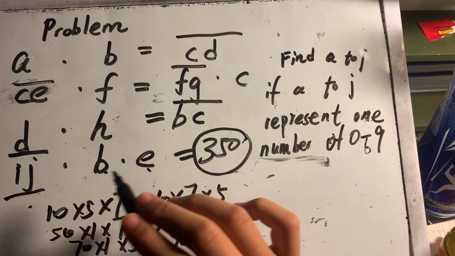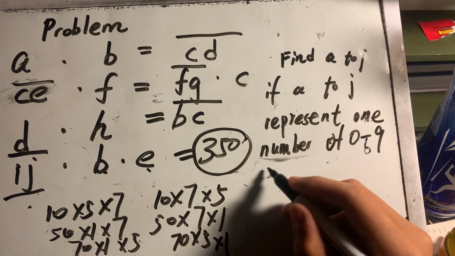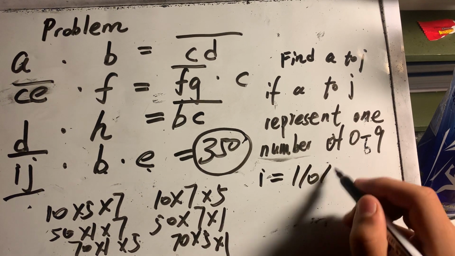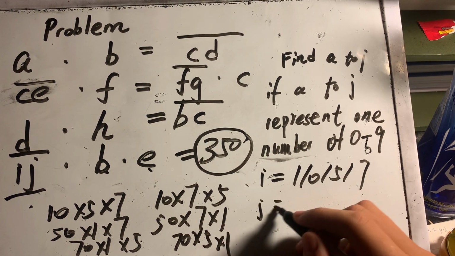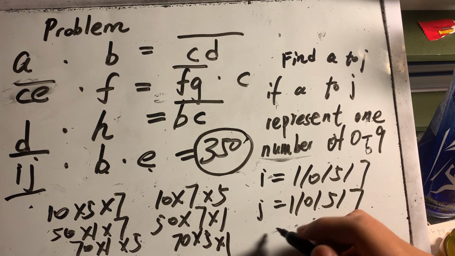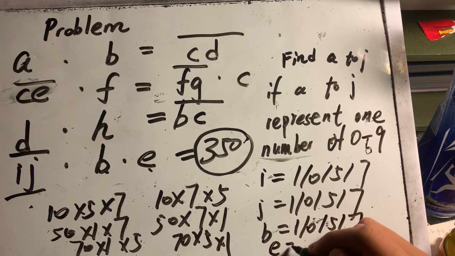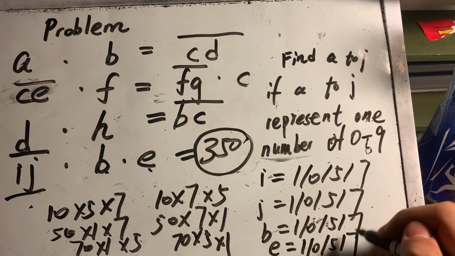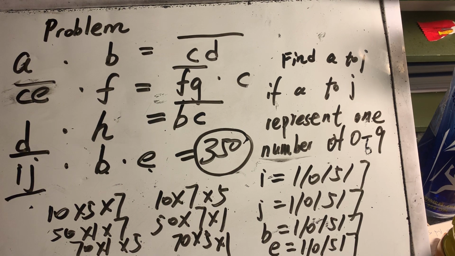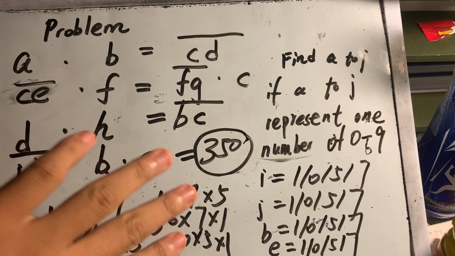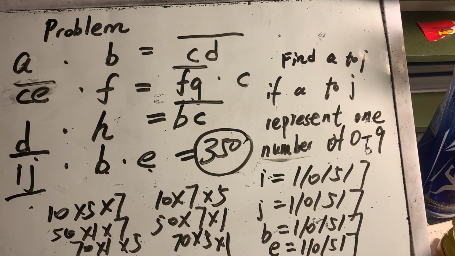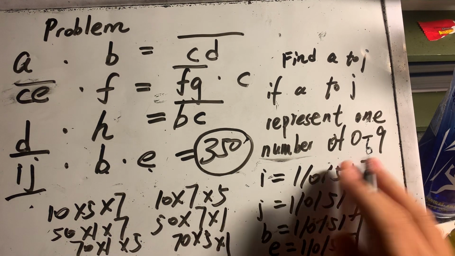So this means these 4 numbers occupy 1, 0, 5, 7. We can see that in all these possibilities, J is always 0. So J can only be 0.